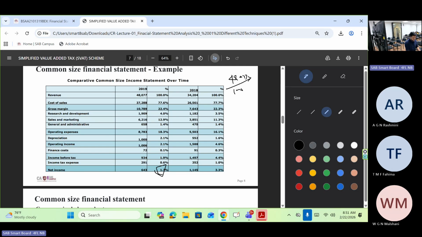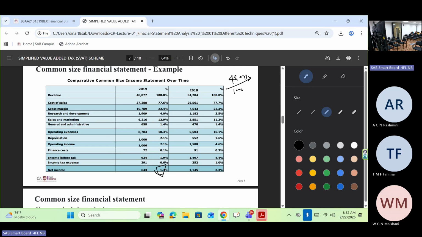You are going to calculate this percentage, no? We represent 100 as this. Then out of 100, we are representing 48,000.